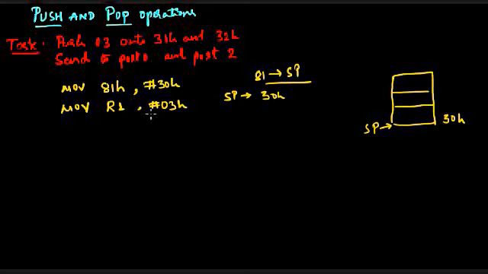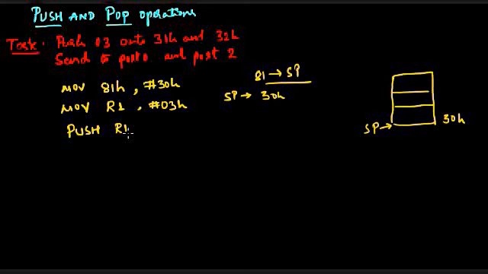Fair enough. Now we will push whatever data present in working register to memory location. I'll say push R1. Here one important point is I cannot say push R1 because the microcontroller doesn't know which R1 I'm pointing to.